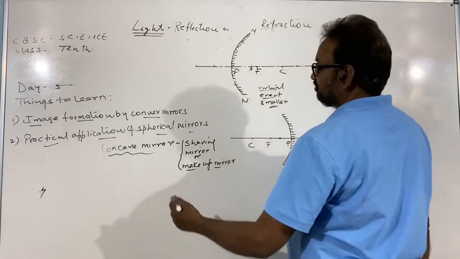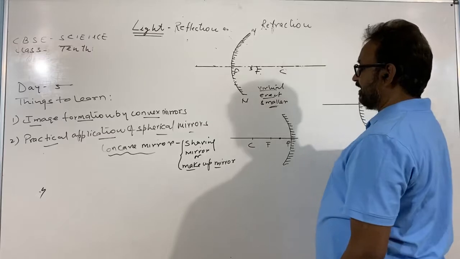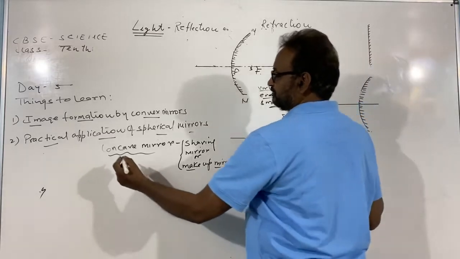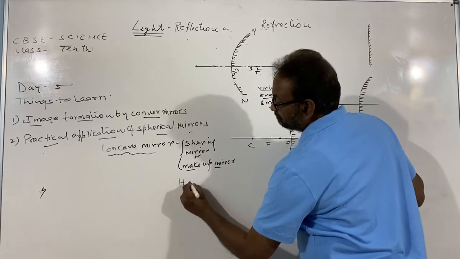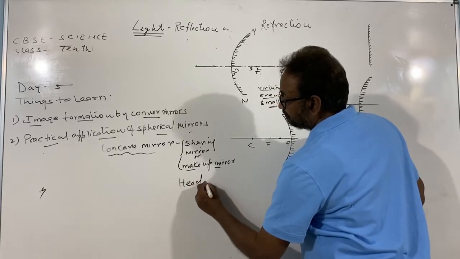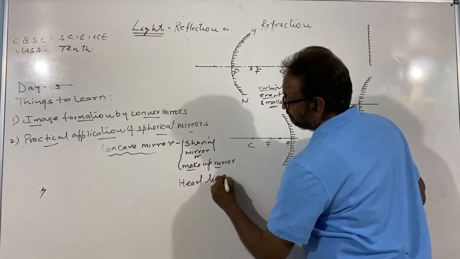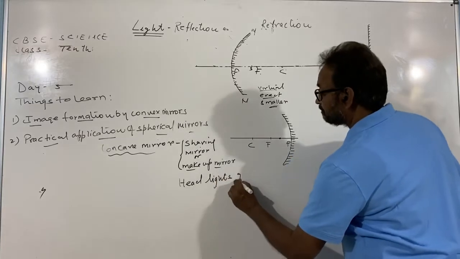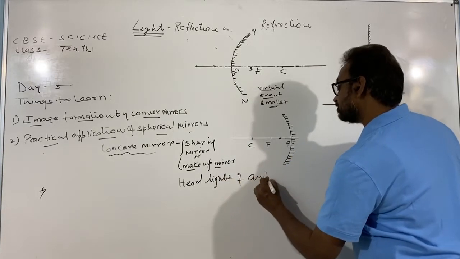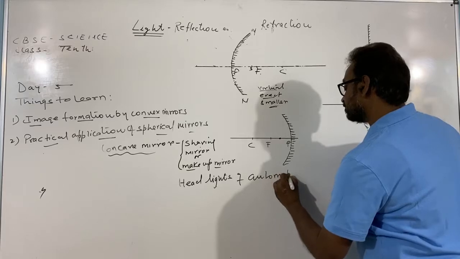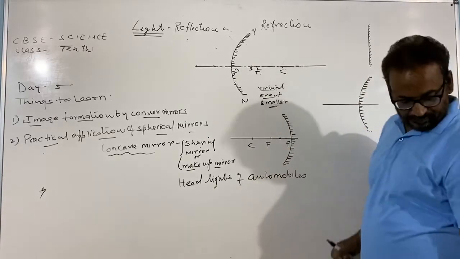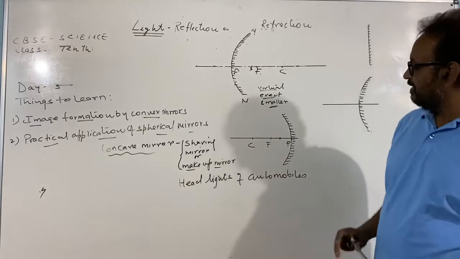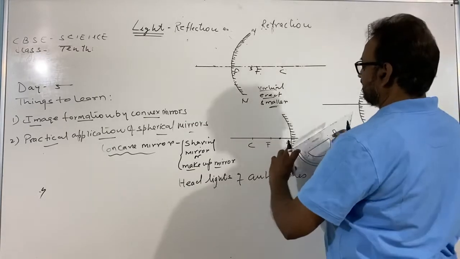The second use of the concave mirror is that it is used in the headlights of automobiles. The principle is that the bulb is located at the principal focus.